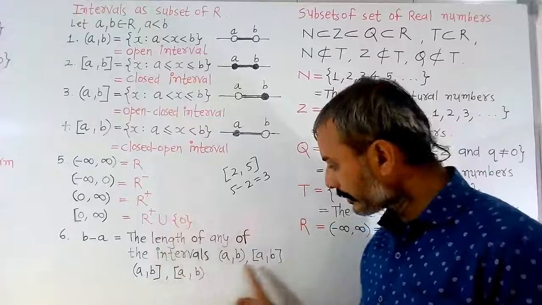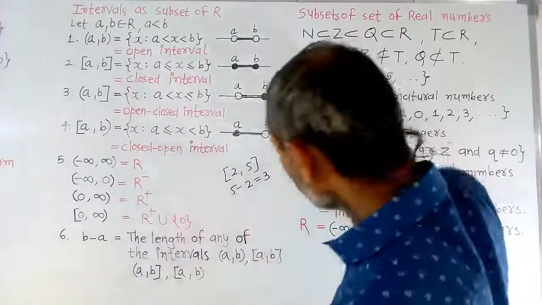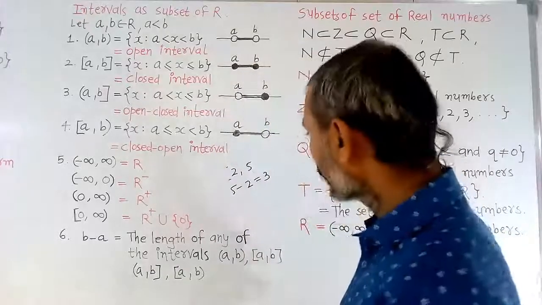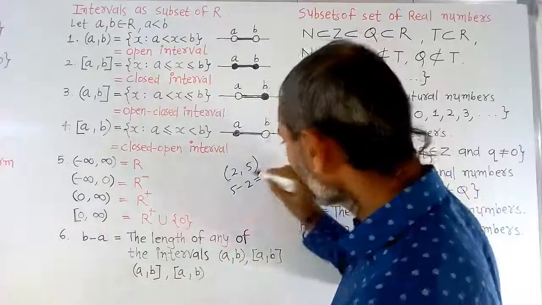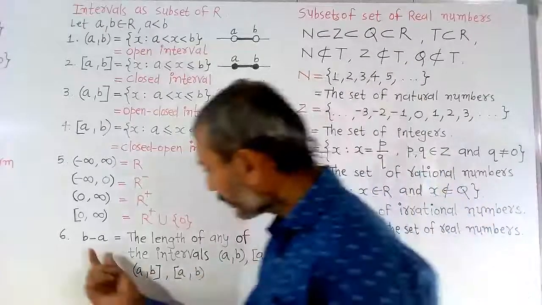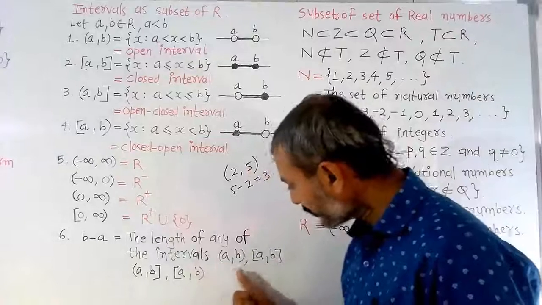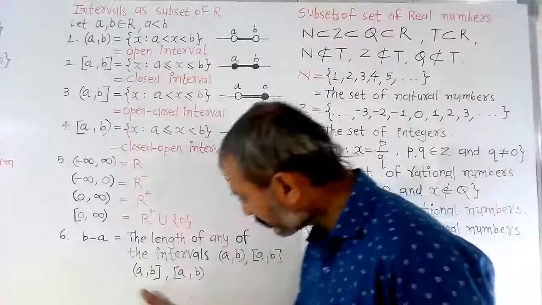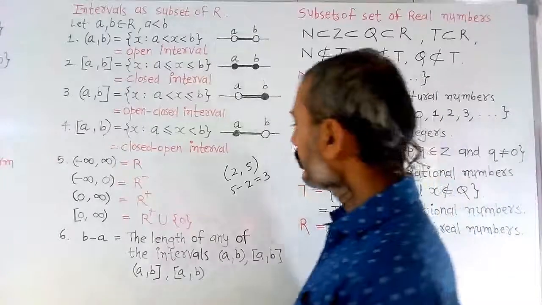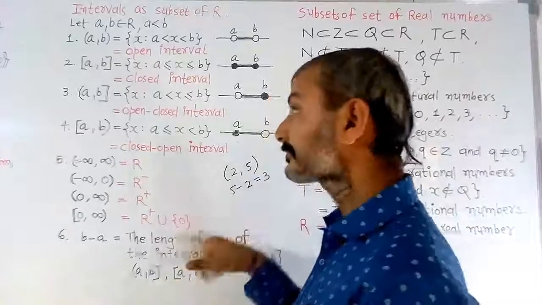Length of any interval. Suppose this interval is not closed, is open, then also the formula is the same. The formula doesn't change because this formula is for any interval: open, close, open-close, close-open. Is that clear? So remember all this.